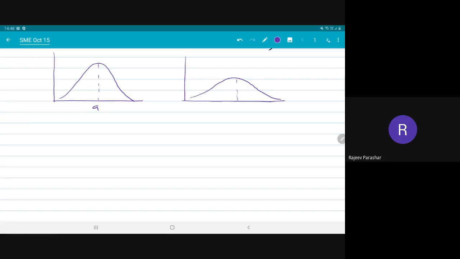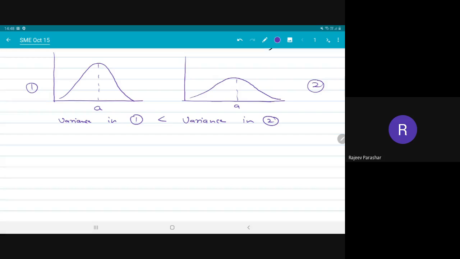Arbitrarily, let's take both the means as A. So in panel 1, we have a normal distribution centered on mean A. And in the right panel, panel 2, we have this. Now I will claim that the variance in panel 1 is less than the variance in panel 2. That is all that we can see.